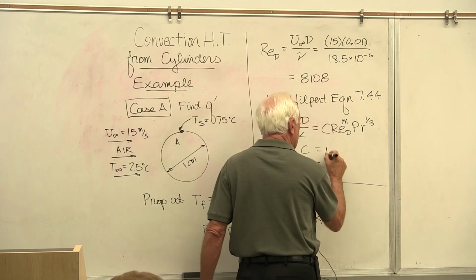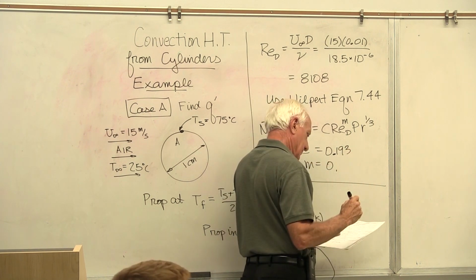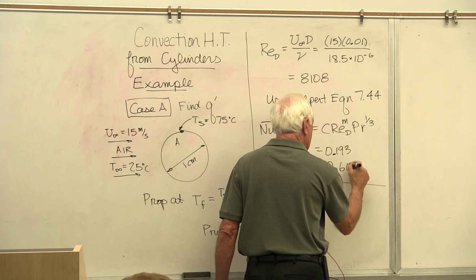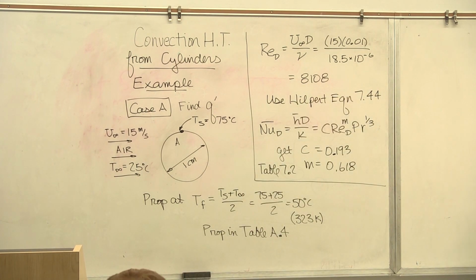C is 0.193, m is 0.618. Remember, that table has a Reynolds number range, and you find out where your Reynolds number falls in that range, and then use that C and m. It's a piecemeal curve fit of experimental data.